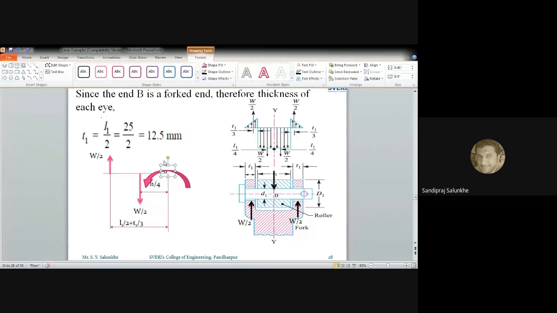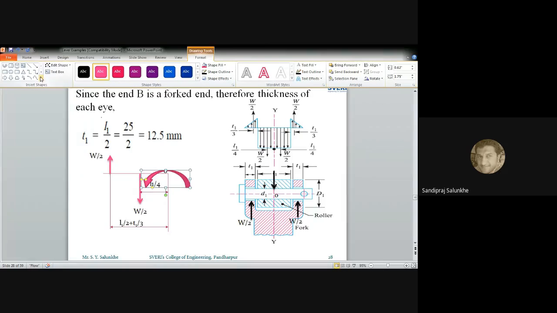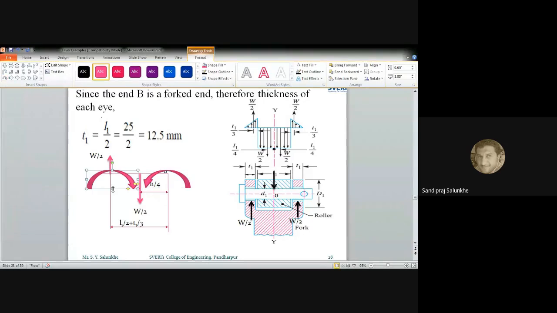Look at it, it is not showing clockwise, this is anti-clockwise only. So we cannot use this. So this bending moment will be created in anti-clockwise direction.